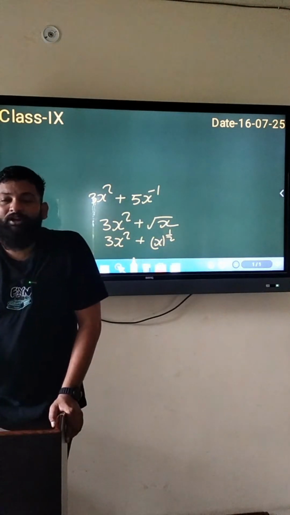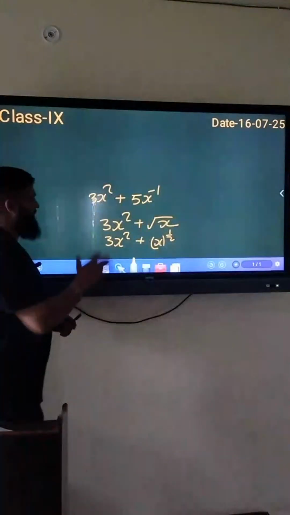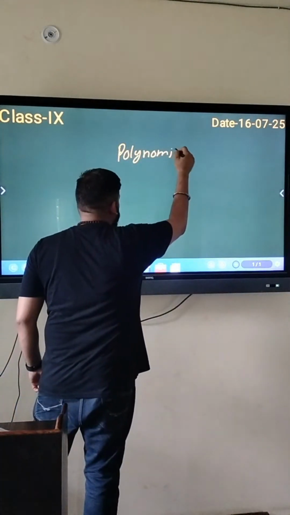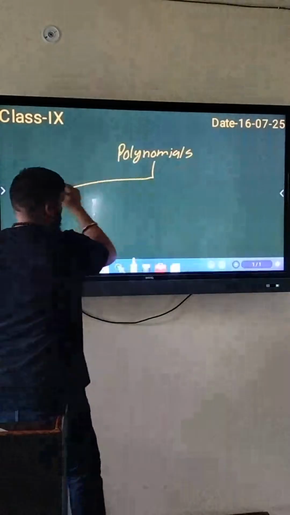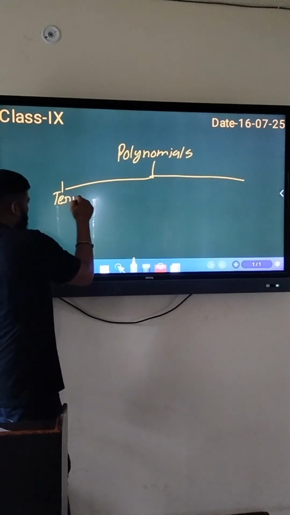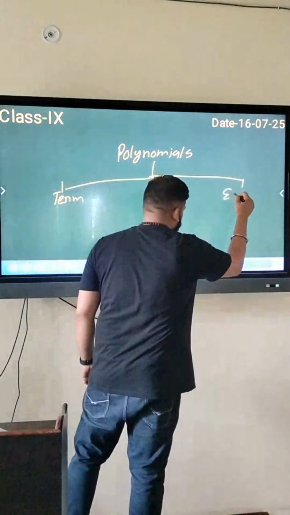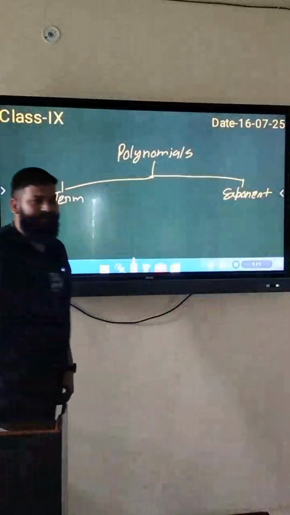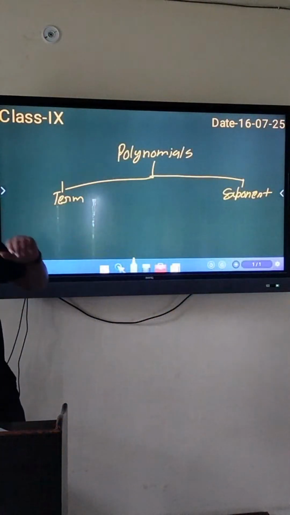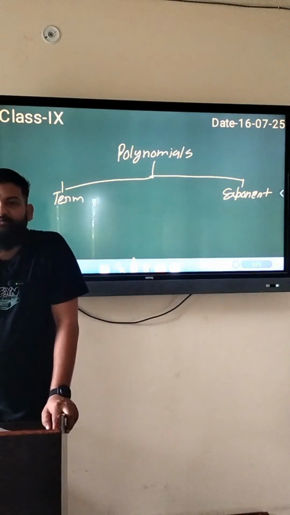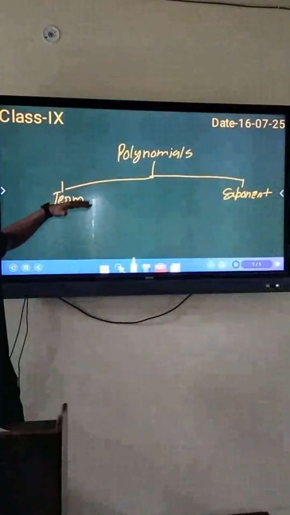So types of the polynomial we categorize two ways, on two bases: term and exponent. According to term, how many types of polynomial?